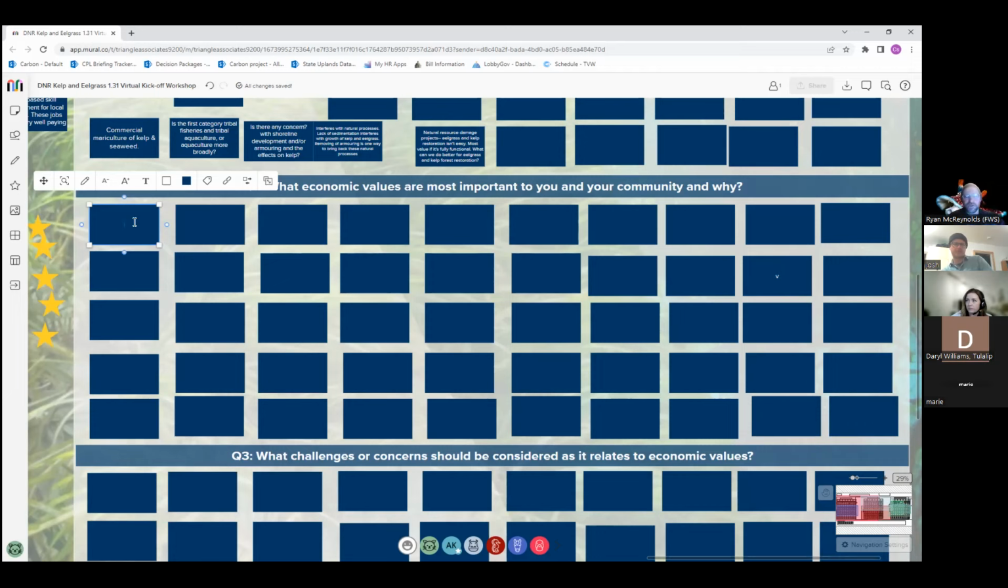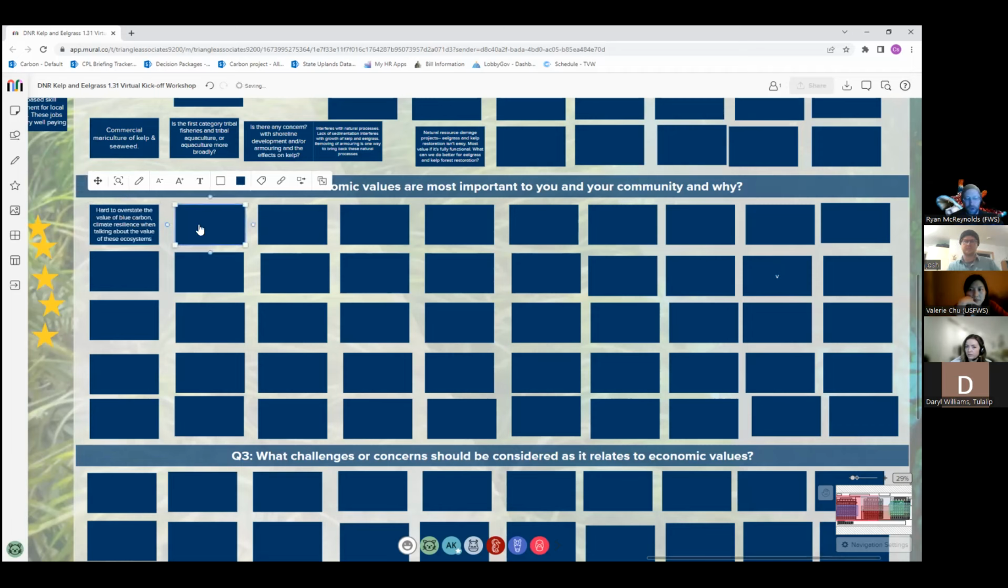I think it's hard to overstate the value of, say, blue carbon or carbon sequestration or climate resilience when talking about the value of these ecosystems. And that's not an ecological statement. That's a human value statement that we're going to need these plants in our waters, fixing carbon and building resilience for climate change.